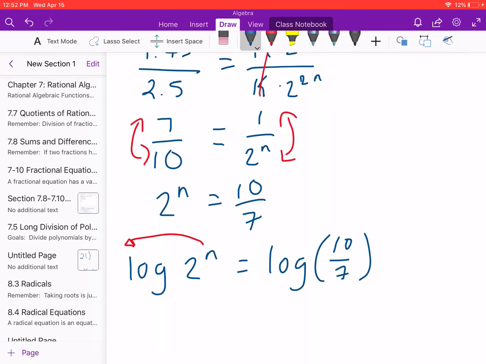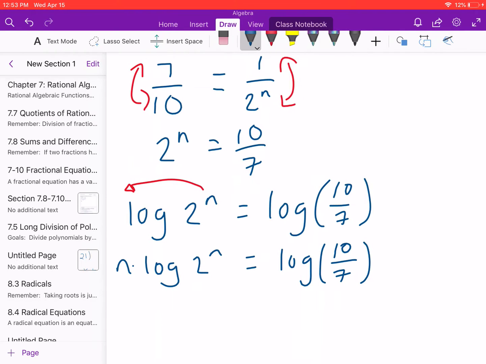So I know what 2 to the n equals. And now, when I have an unknown power, we know that we can use our buddy the log. We take the log of both sides to figure this out. So if we take the log of 2 to the n equals the log of 10 over 7.